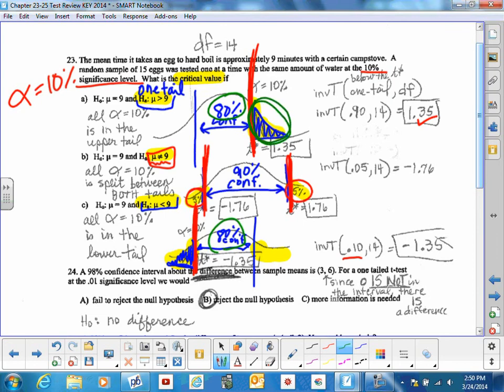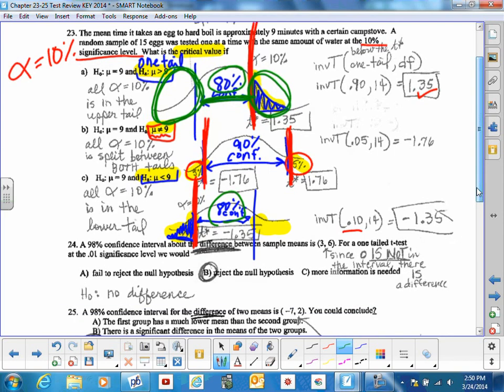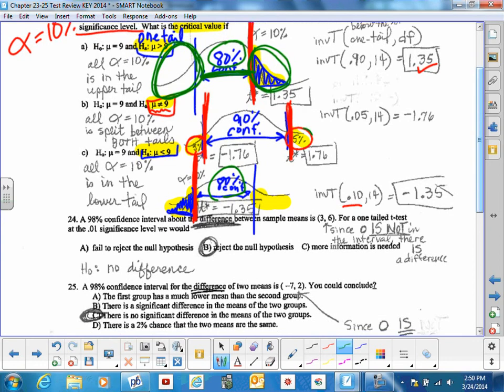By symmetry, you have the other 10% in this lower tail, leaving 80% in the middle. But since on part B, the 10% is split between here and here, that's a total of 10% between the 2 tails, giving you 90% in the middle. So that's a 90% confidence.